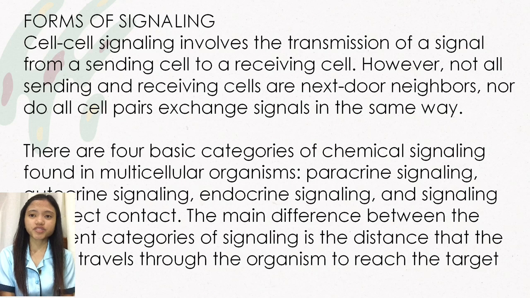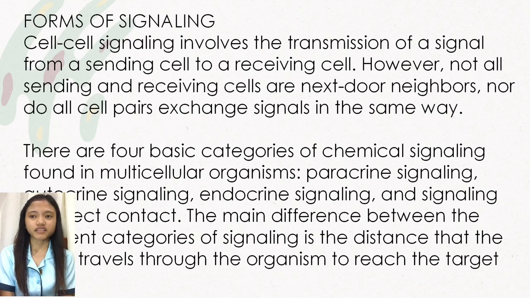We are now in forms of signaling. Cell-to-cell signaling involves the transmission of a signal from a sending cell to a receiving cell. However, not all sending and receiving cells are next-door neighbors, nor do all cell pairs exchange signals in the same way.